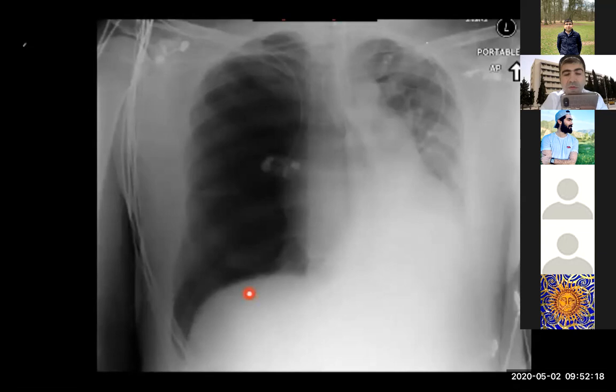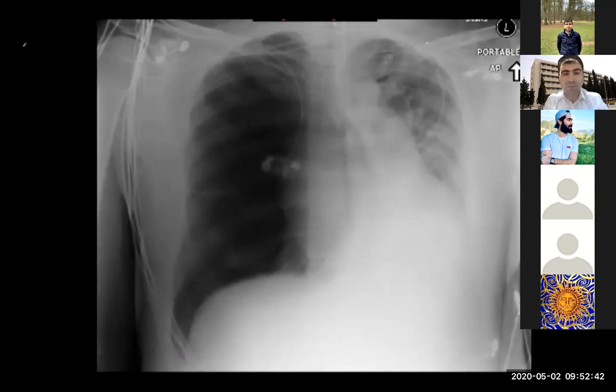So, what do you think about this line? What do you think about this, the costophrenic angle of the diaphragm? Yeah, this is the diaphragm, right? Hemidiaphragm. But you cannot see the left side, you mean? Yes.